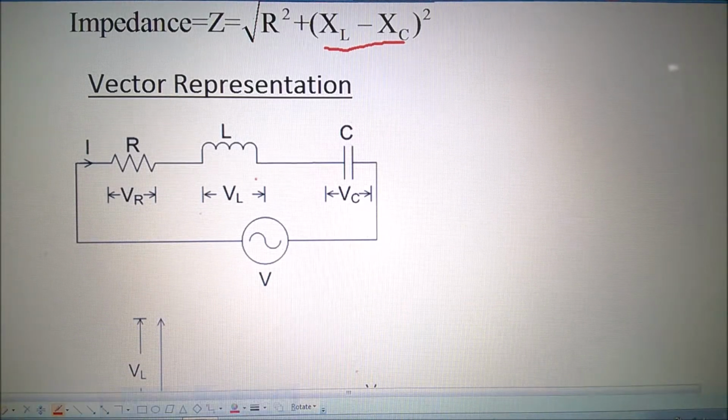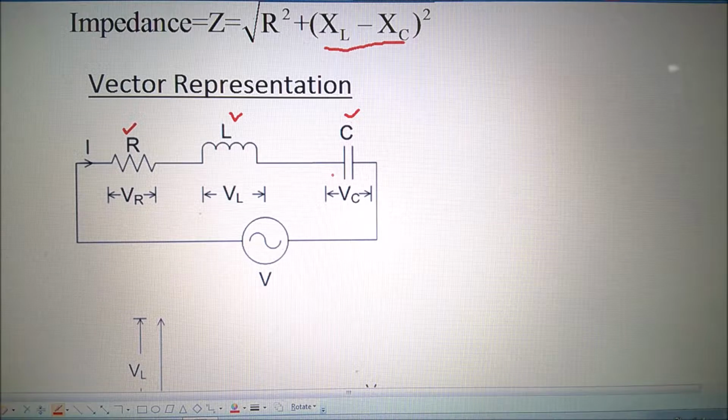Let us consider a circuit consisting of R, L and C in series, supplied by a sinusoidal voltage waveform V, and as a result a voltage VR is generated across R, VL across L and VC across C. All these voltages are sinusoidal in nature, and we will draw a phasor diagram of these voltages.